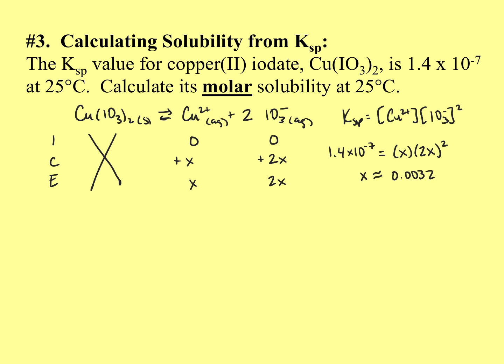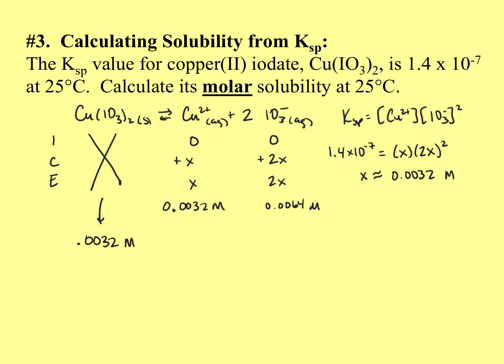So if we did this correctly, you would have gotten a value of 0.0032 molar, meaning that the concentration of Cu2+ was 0.0032 molar, and this would have been 0.0064 molar. So given the 1-to-1 ratio between the Cu(IO3)2 and the Cu2+, this means that the molar solubility must have been 0.0032.